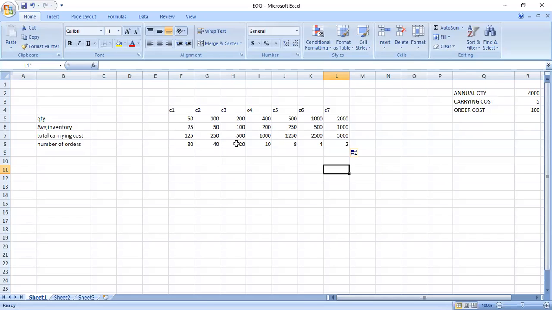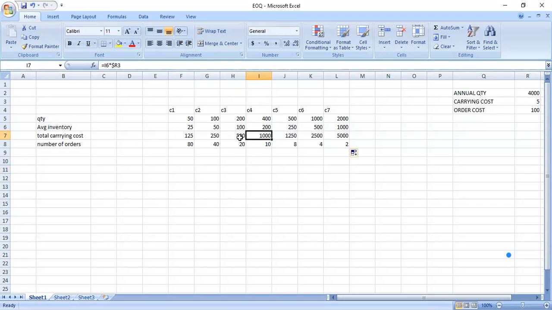Likewise for 200 order, 500 stock. Likewise for 400, if for quantity I'm ordering 1000. And likewise if I'm going for 500, again my cost is going out. So just observe here, at this particular point my cost is minimum. It is 1000 rupees only.